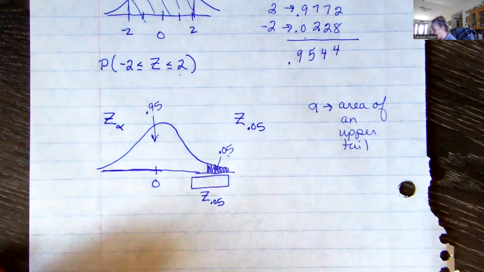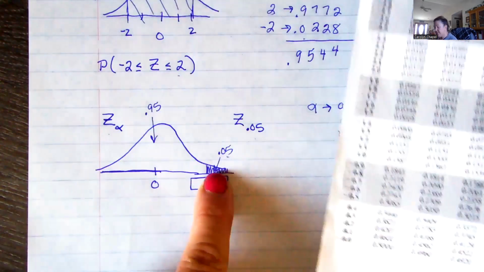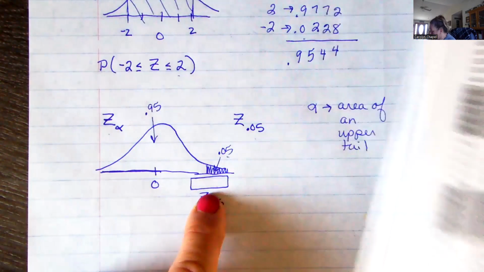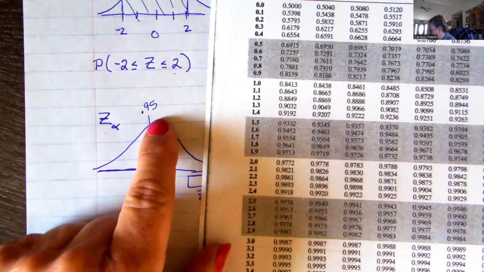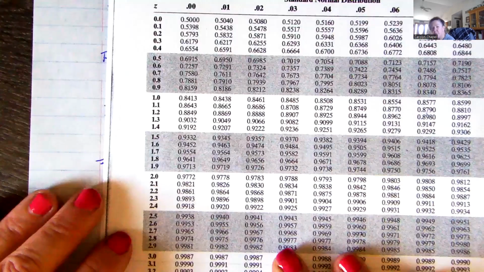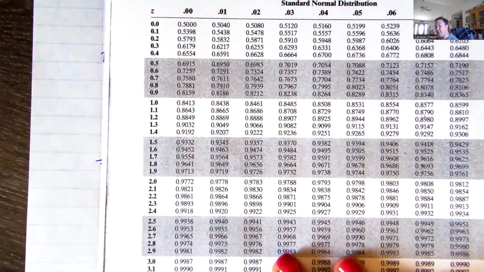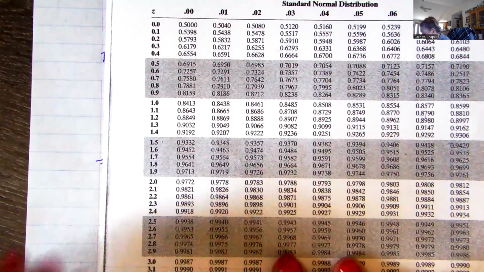Since this is more than half, z is going to be a positive number, and I'm going to be looking for 0.95 as an area inside here, as close as I possibly can get. When we get to StatCrunch in a few moments, we'll be able to get it a little more exact than what I can find.